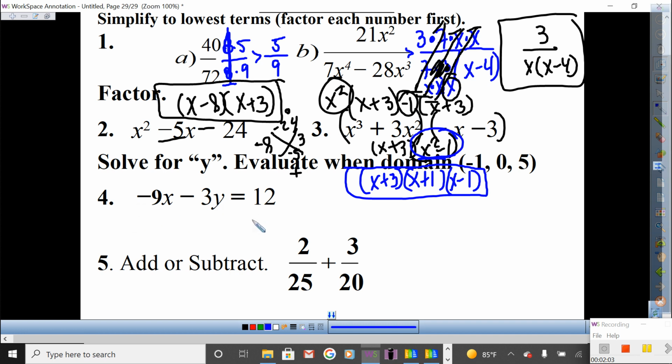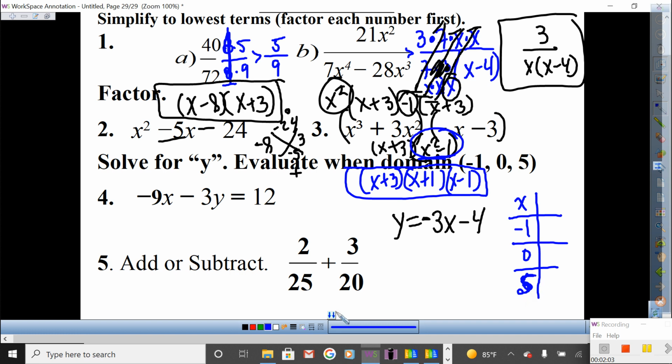Equation, solve for y. What'd you get for that one, Pamela? Y equals negative 3x minus 4. Hands, have you got that? Okay, good. So my domain, which is all x values, is -1, 0, and 5.